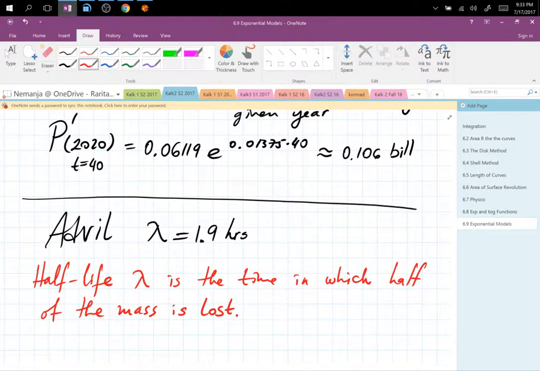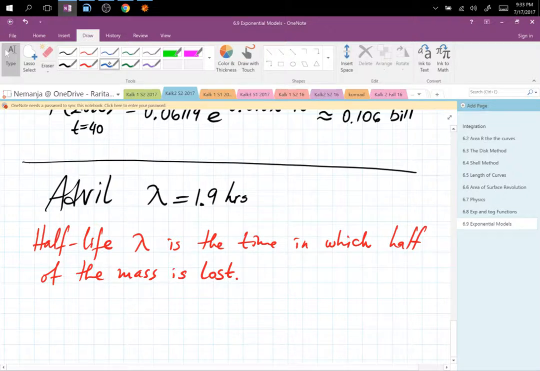It metabolizes, or it radiates out, alpha radiation or gamma radiation or whatever. So, you know, just important to know that half of the mass is lost. So when t equals lambda, mass equals initial mass divided by 2.